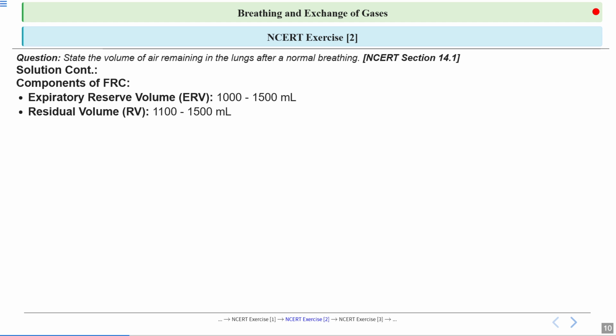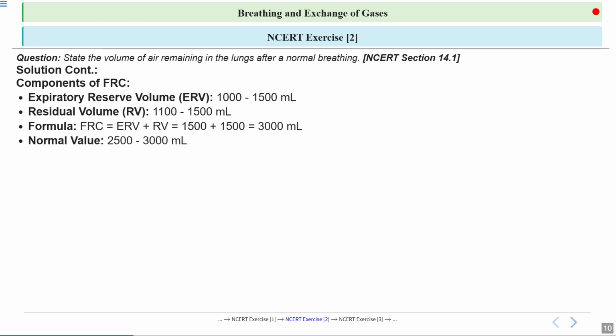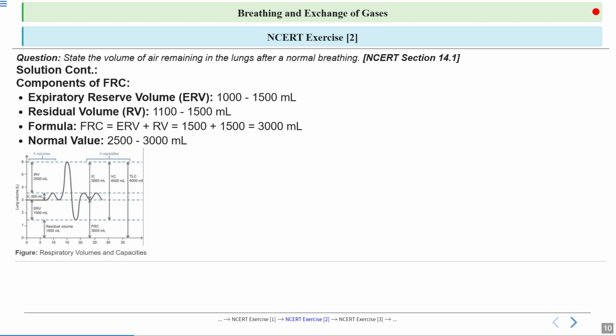So we add the highest range, 1500 ml and 1500 ml, and that gives 3000 ml, right? The normal value is around 2500 to 3000 ml. This is the range that we get for the functional residual capacity.